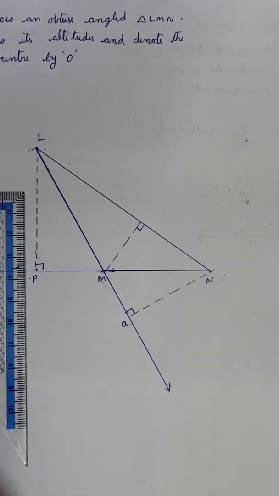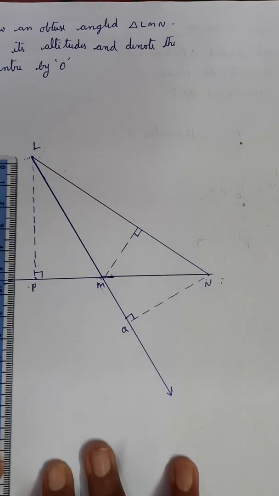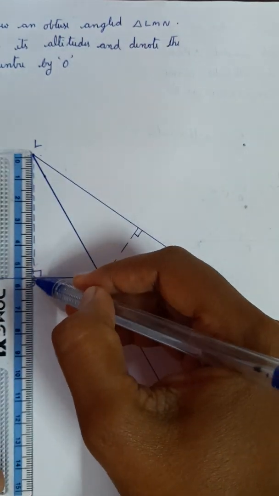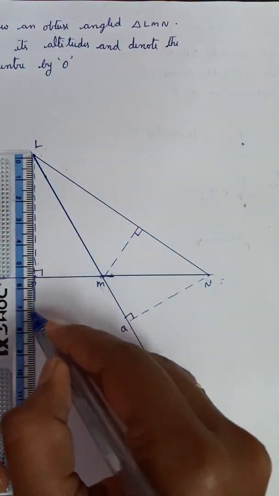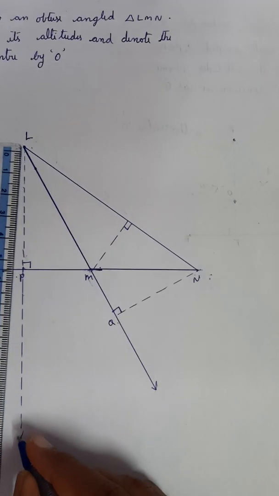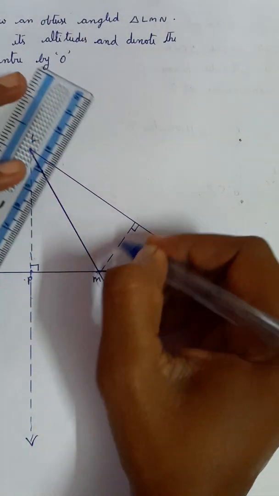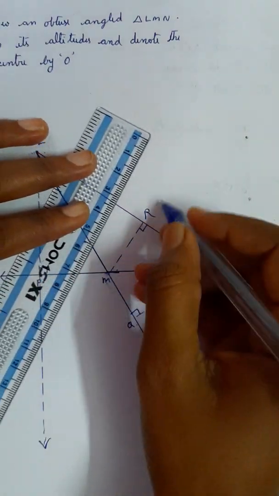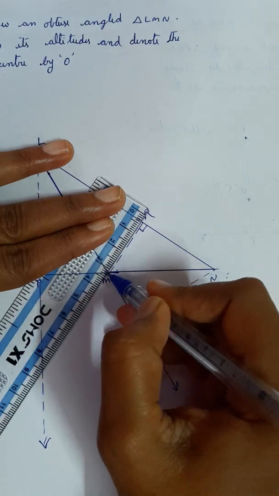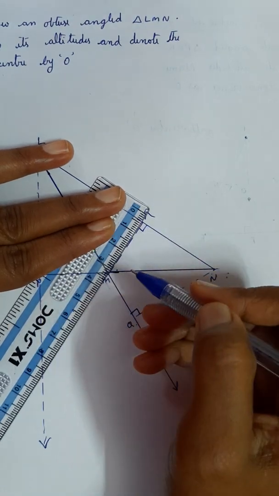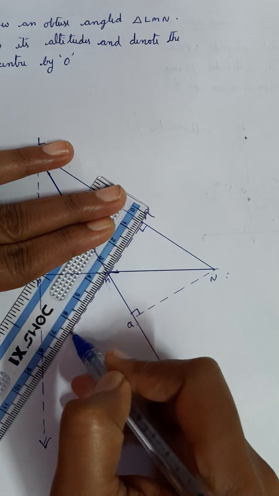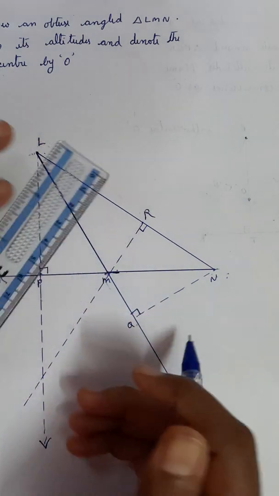How to draw? Just extend whatever altitude LP, keep the scale and extend it. Next, MR is another altitude, so set the scale to R and M and just extend the altitude.